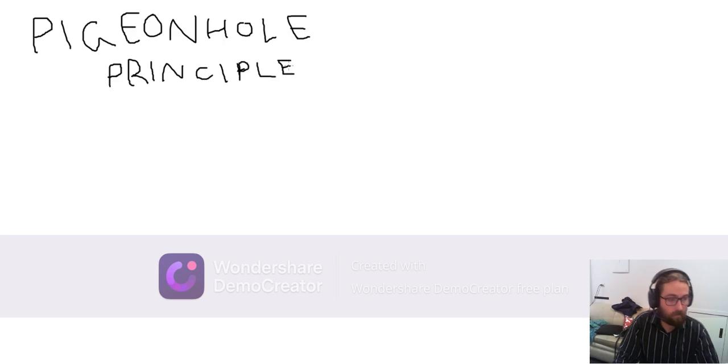So I'll start by explaining what this principle is and why it's called the pigeonhole principle. So the basic idea is, imagine you have a bunch of pigeons. Let's say you have 5 of them. Let's say that these dots represent pigeons. And you have 4 pigeonholes.